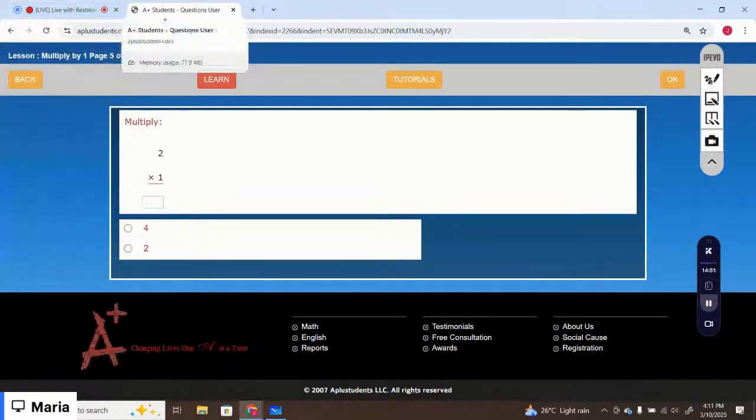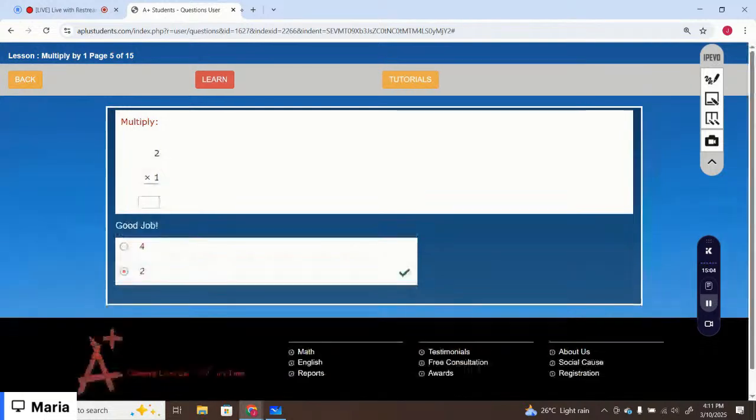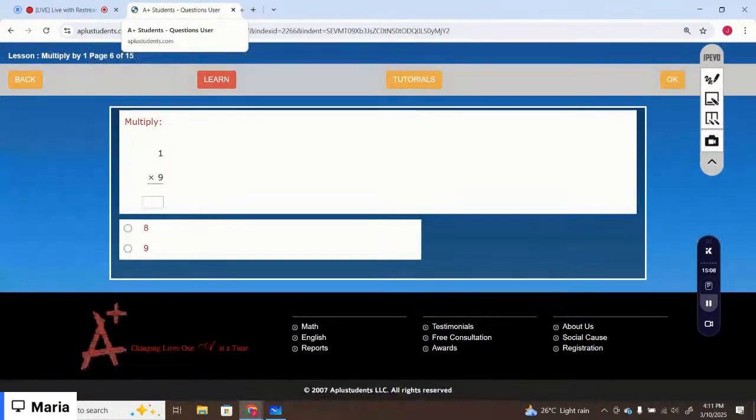2 times 1. So whatever number you are multiplying by 1, the number stays the same. 2 times 1 is 2. Option number 2 is the correct option. 9 times 1 is 9.